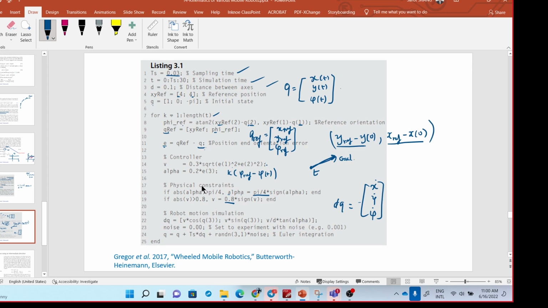We try with a big number, but it may incur instability. Instability can come from numerical error. Instability can come from the limitation of the actuator, no, because we already set the limitation. Instability can occur due to the uncertainty of parameters when you deal with real hardware.